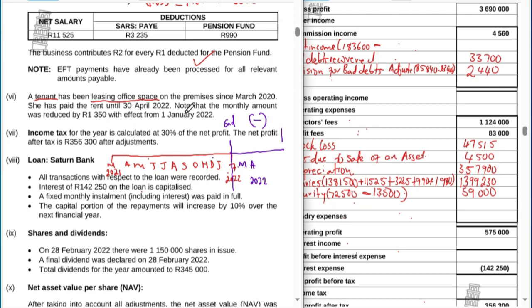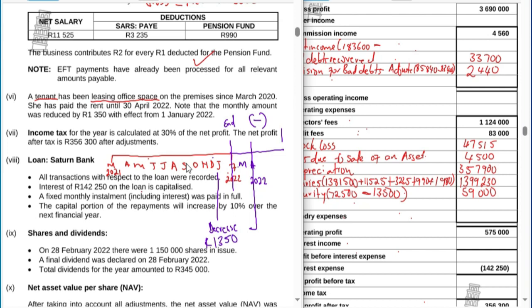So it's been paid up to April, and note that the monthly amount was reduced by 1,350 with effect from 1st January. On 1st January there was a decrease of how much? 1,350.